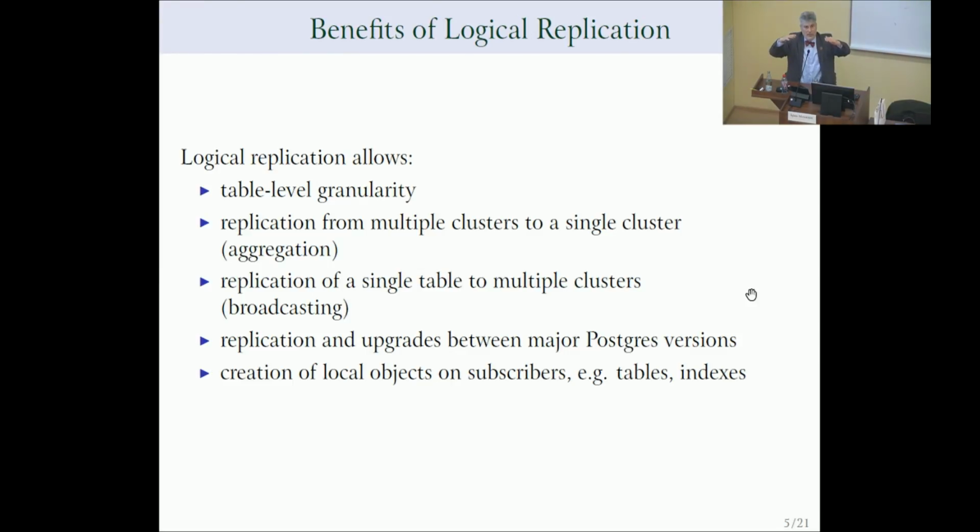That can be done with inheritance. So you can have a parent, which is customers, and then you can have a child table called London customers and a child table called Paris customers, and you can query the parent, and the parent will see both rows, but you can only update the London ones in London. You can only update the Paris ones in Paris. There's a name for that. It's called, I think, selective replication.